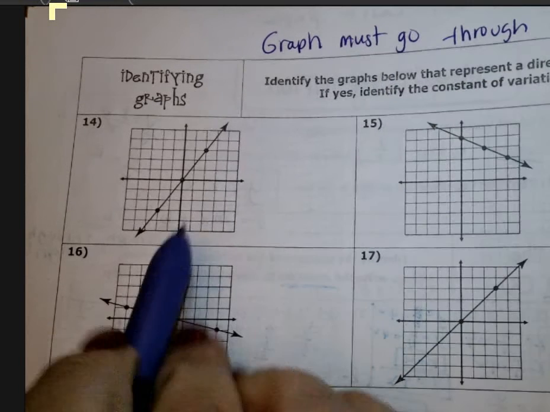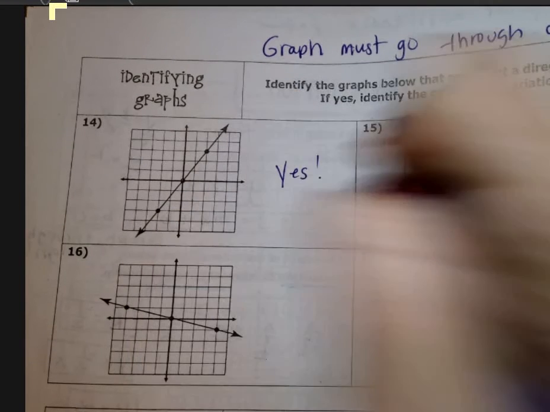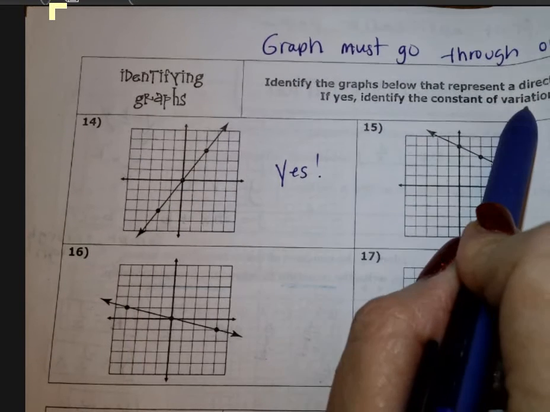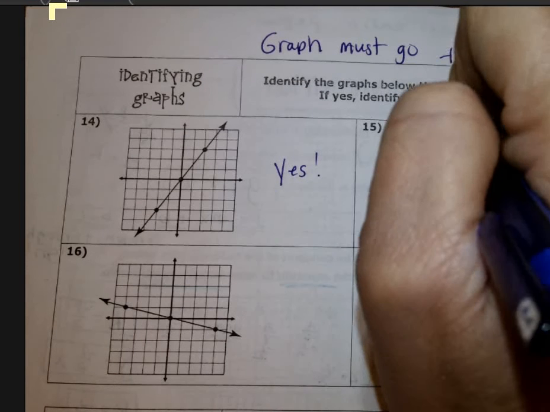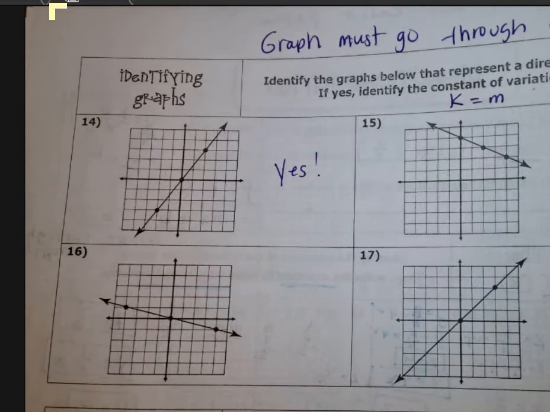So right away, is this direct variation? Yes. Heck yeah. But then it also wants me to identify the constant of variation. Remember, the constant of variation is my k, which is the same thing as my m.